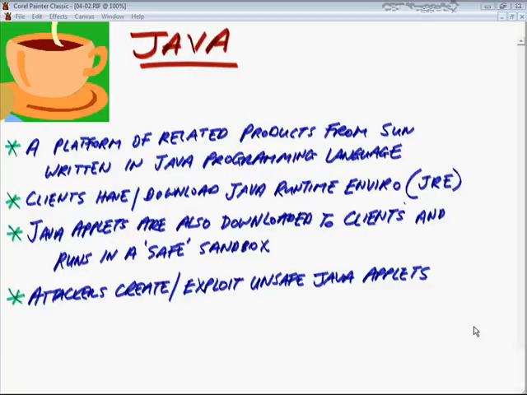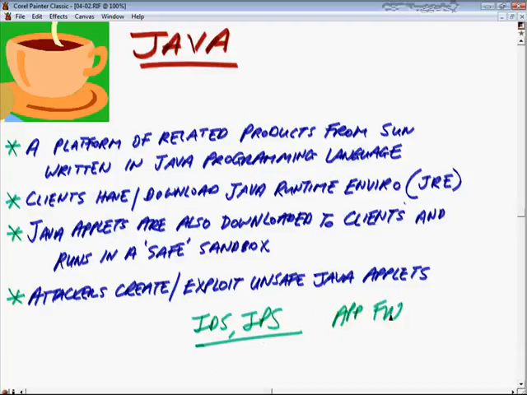We'll talk more about this later, but this can be done with intrusion detection services and intrusion prevention services. We can do what's called application firewalls to keep these Java applets from running in our organization. So that may be one of the solutions that your company decides to do because of rogue Java applets.